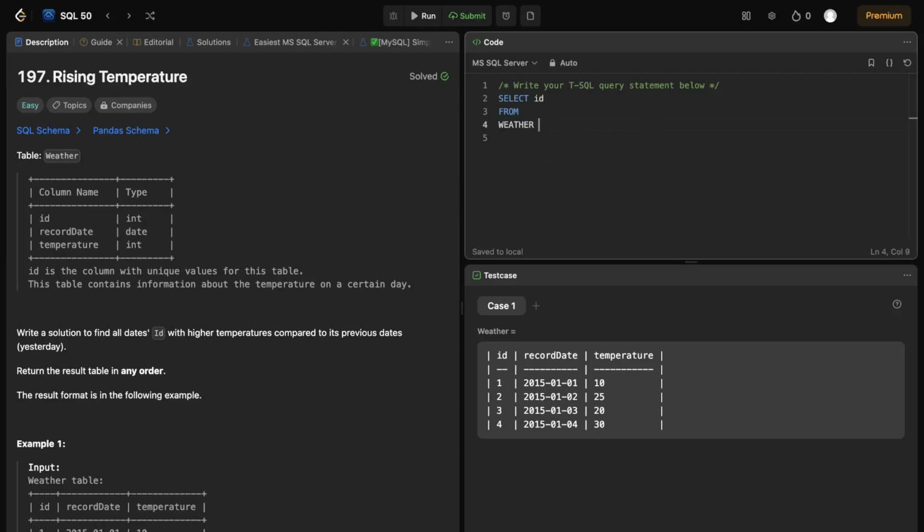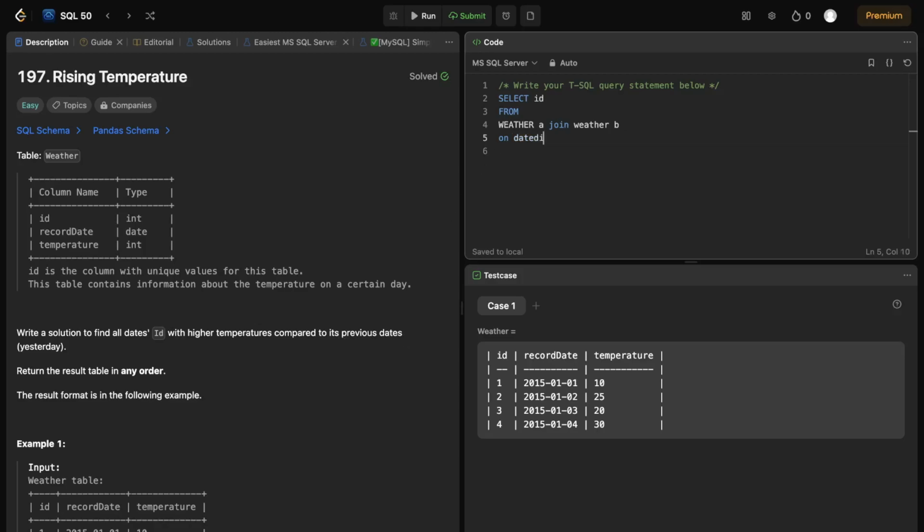So let's write the query. I will call my first table A, and I'm joining it with itself, and my second table, let me call it B. So these are my two tables, and over here my join condition is that, first of all, the difference between any two dates should be 1, because it is written that we have to compare it with the immediate previous day only.